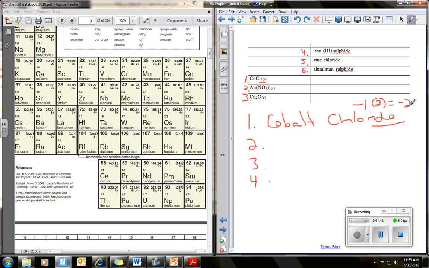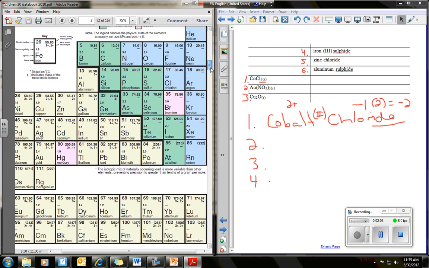Because it's -2, to balance out the compound you would use the 2 plus. How would you write it down? You would put cobalt, brackets, and you would put 2 in Roman numerals, chloride. So cobalt(II) chloride.